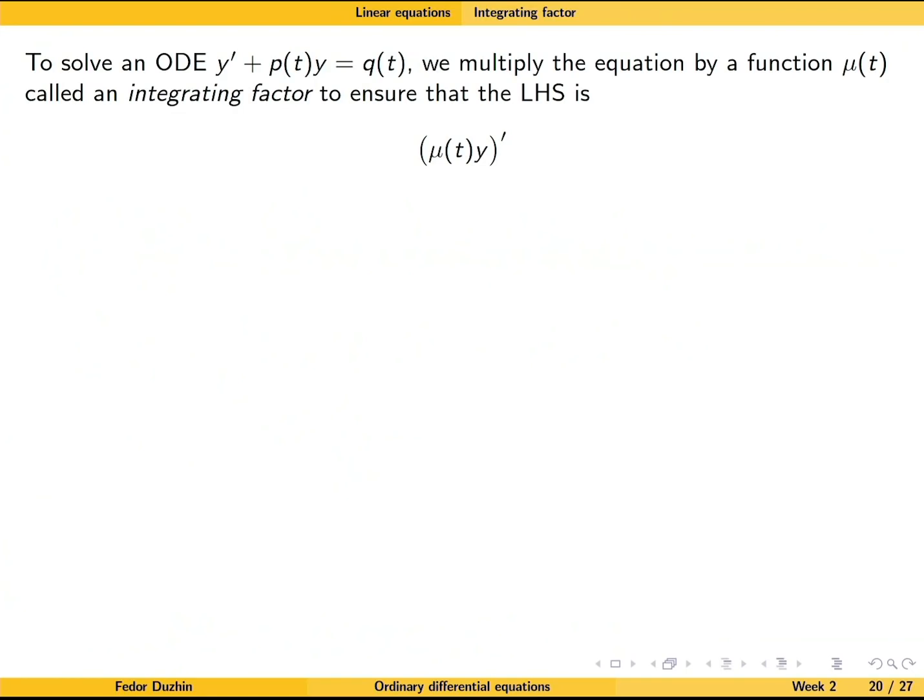And so we are going to multiply it by some function mu of t that is called an integrating factor, so that the left-hand side becomes of the right form.